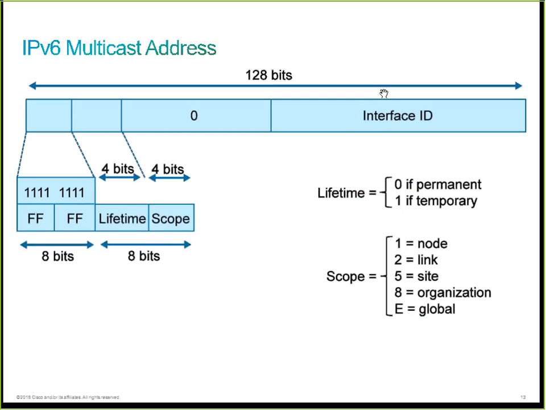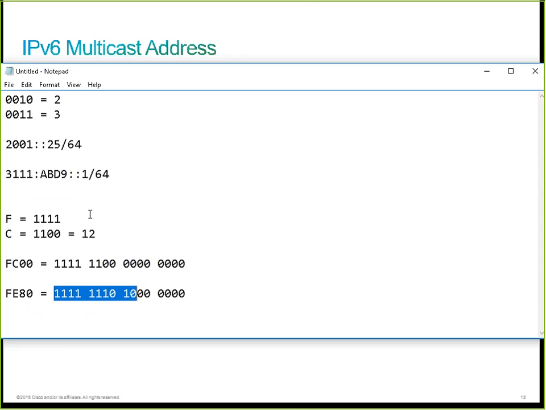Now, let's talk about multicast addresses. Remember, the multicast address always starts off with FF. Now, there is a small error here. Ideally it's not supposed to be FFFF, it's supposed to be just FF.